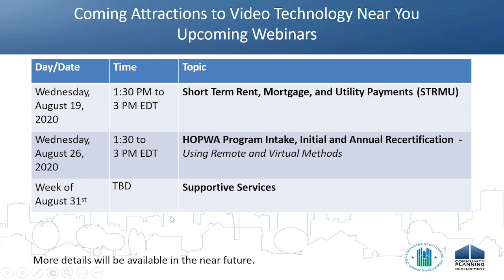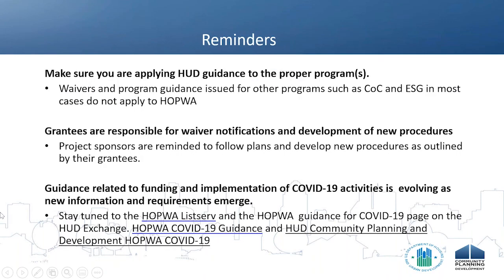And the next slide, and some reminders. Make sure you're applying HUD guidance to the proper program. Remember, some grantees might be administering more than just HOPWA, so waivers and program guidance issued for other programs such as COC, Continuum of Care, and Emergency Solutions Grant, otherwise ESG, in most cases don't apply to HOPWA.